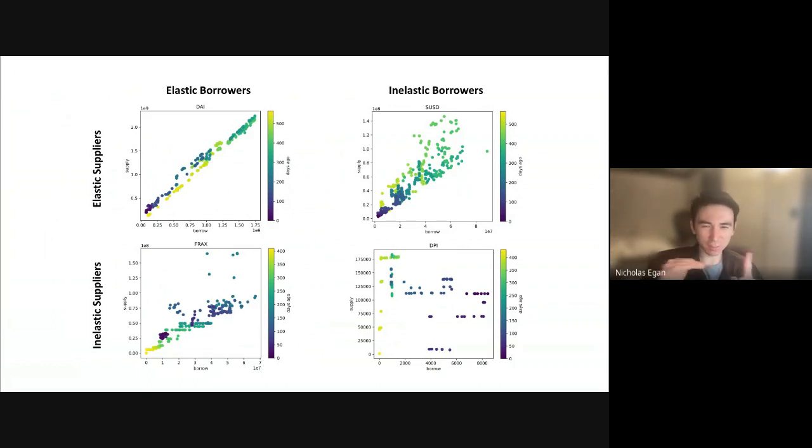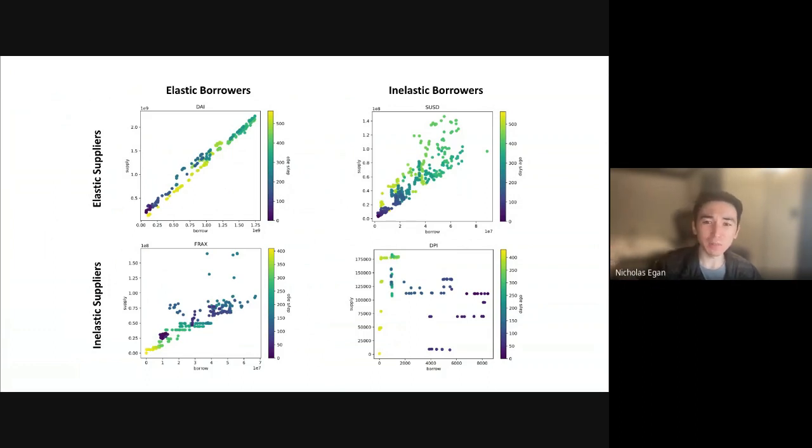And as you can see from its scatter plot, there are many horizontal and vertical lines. This shows that there are many days when the amount borrowed would change without the amount supplied changing, or the amount supplied would change without the amount borrowed changing. As a result, this figure seems to suggest that the borrowers and suppliers of DPI are inelastic with respect to each other.